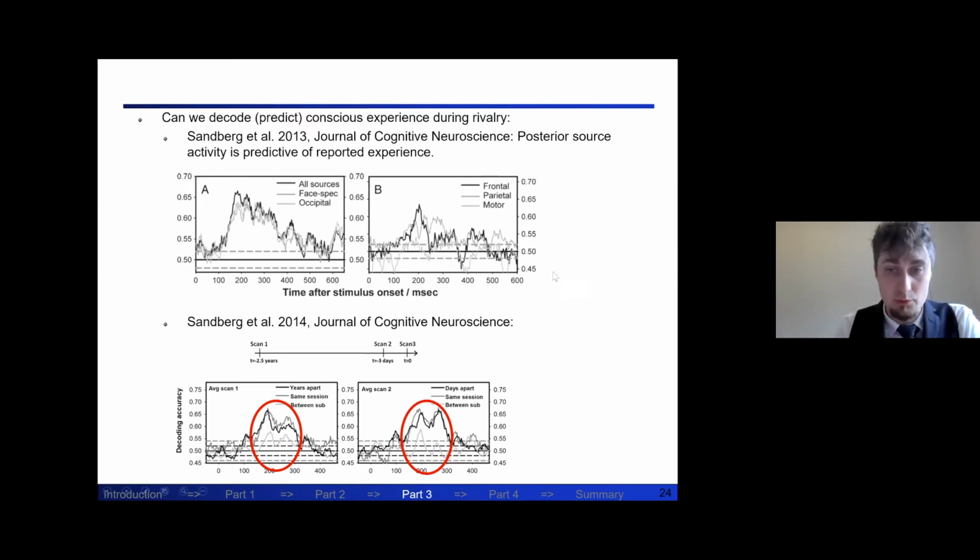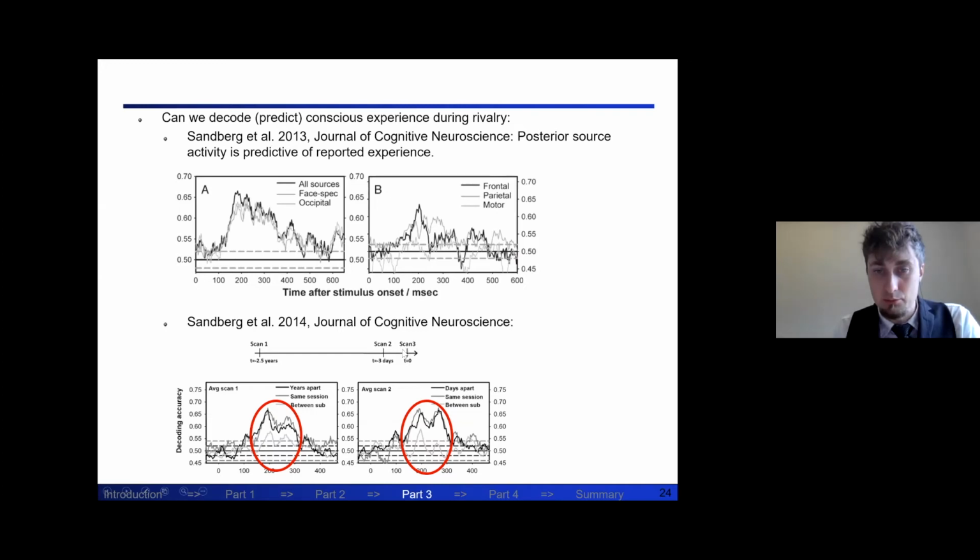So we did a follow-up on this just because we wanted to see how constant this signal was over time. So we retested participants 2.5 years later. And so then we trained a classifier, again, support vector machine, on data from this session here at time 0.